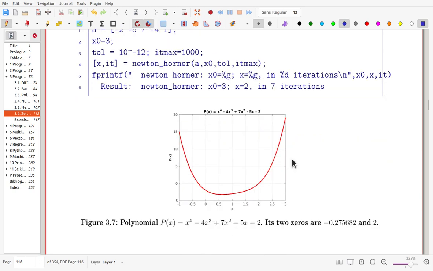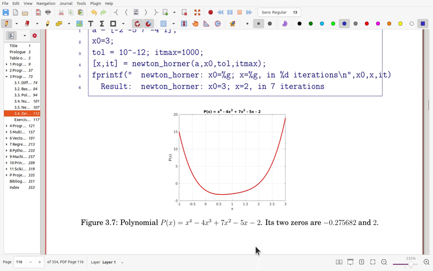Now let's see the figure. We start from 3 here. The Newton method runs 7 iterations and then locates this zero quite accurately.